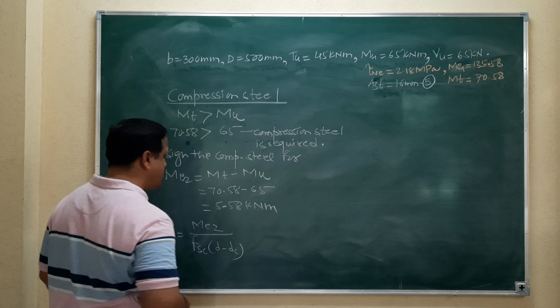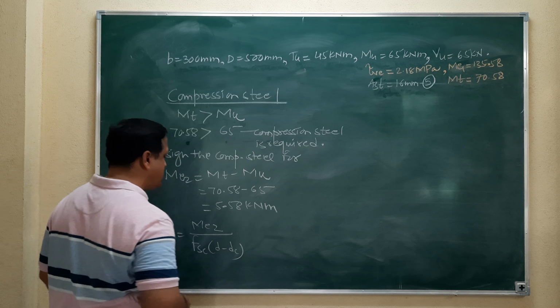This is the effective cover for the compression steel. Already we know the D. Now what about the FSC? You have to take this value from the D dash upon D ratio table for doubly reinforced section.